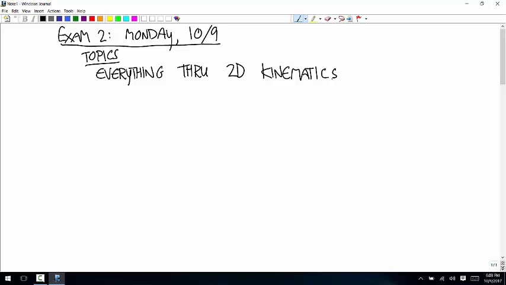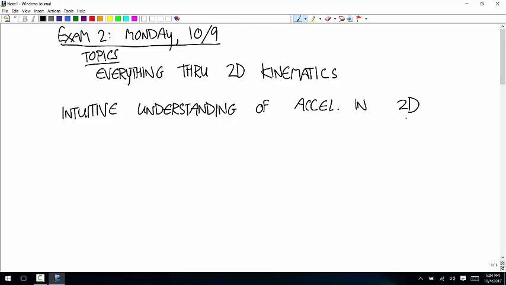Okay. So the last thing I want to talk about with 2D kinematics is an intuitive understanding of acceleration in 2D. Acceleration is a hard thing to wrap your head around.